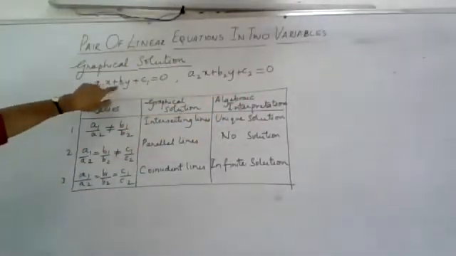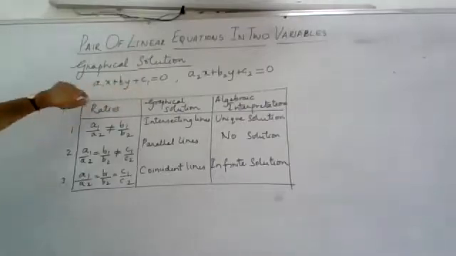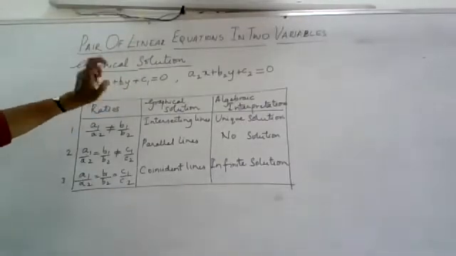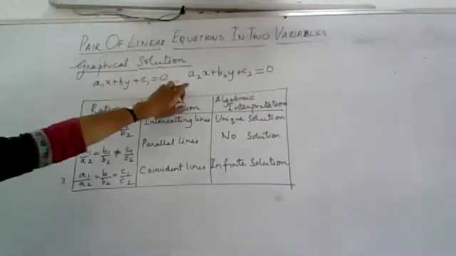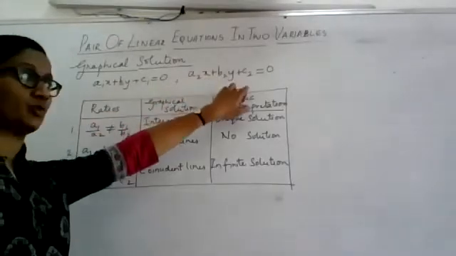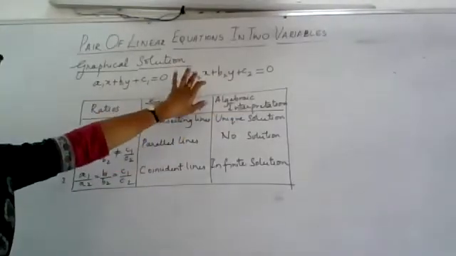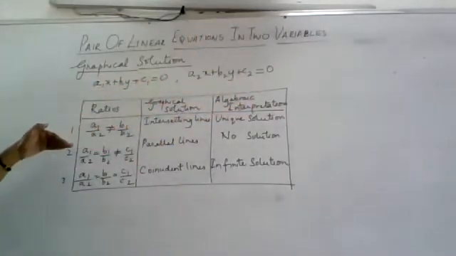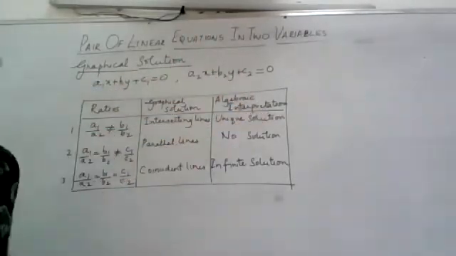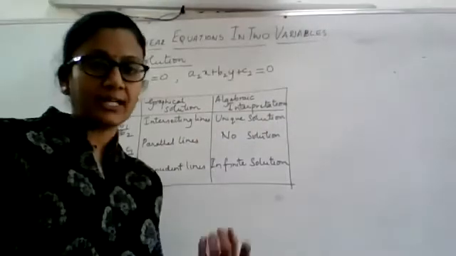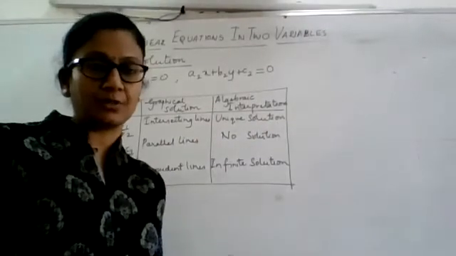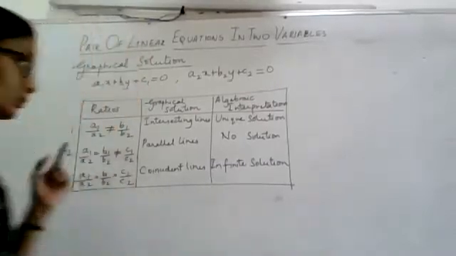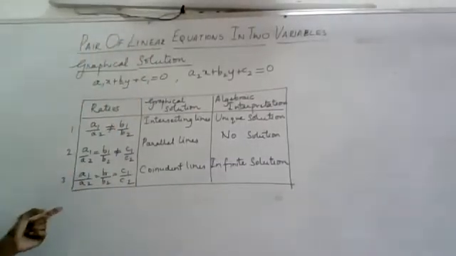So if a1, b1 and c1 are the coefficients of the x term, y term and the constant term, and similarly a2, b2 and c2 are the coefficients of the term with x, the term with y and the constant term, then by comparing these coefficients, we can decide what kind of graphical solution we are going to get for the equations. So these are three conditions you must remember.